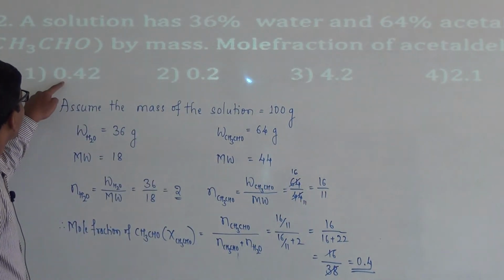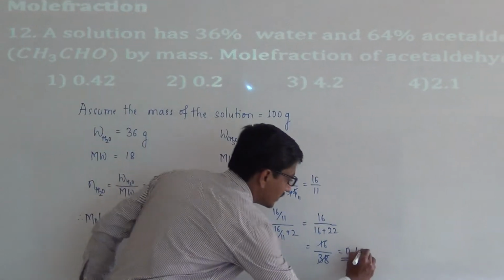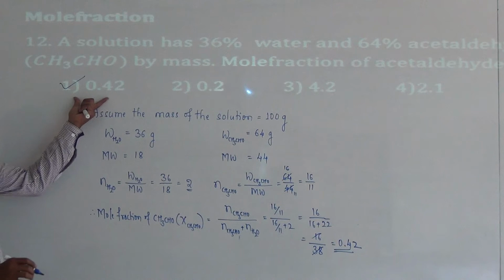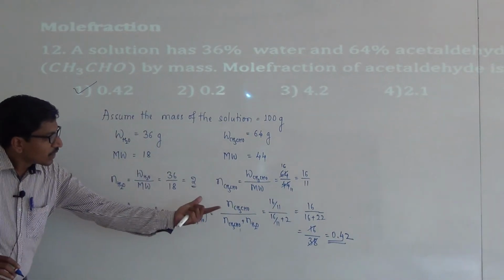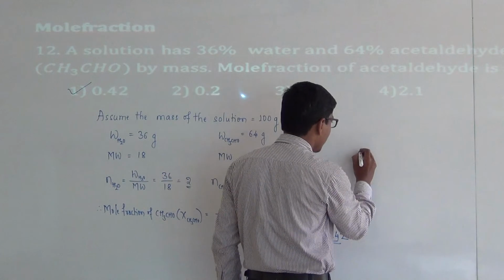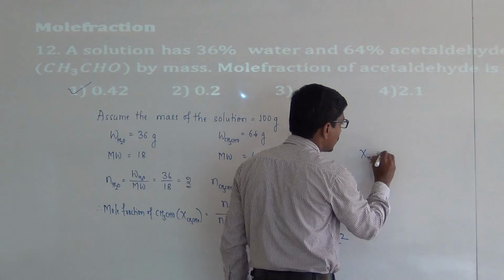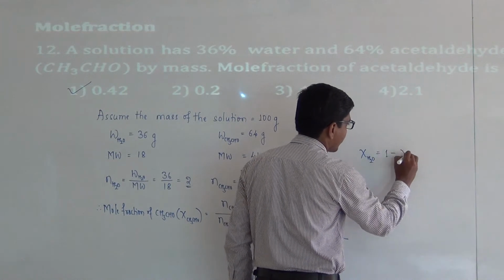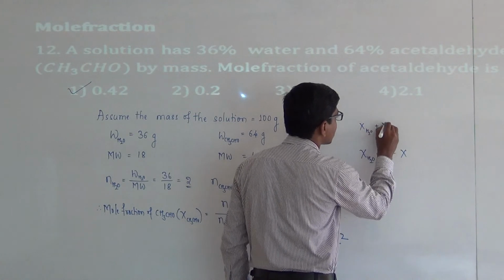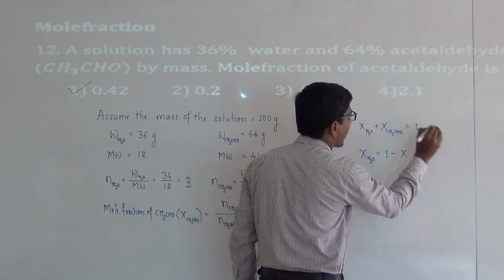First option is 0.42 and this is the right answer. The mole fraction of acetaldehyde is 0.42 and similarly the mole fraction of water can also be calculated by using the formula XH2O plus XCH3CHO is equal to 1.